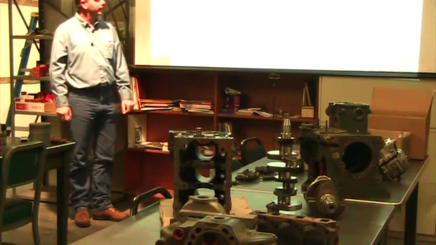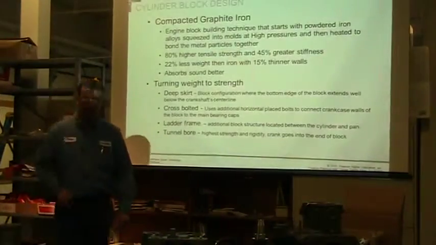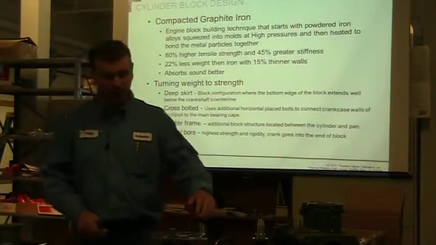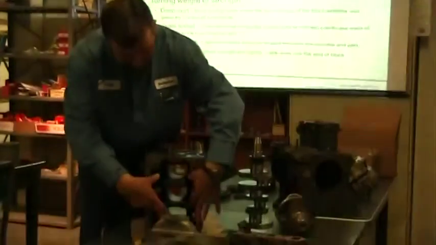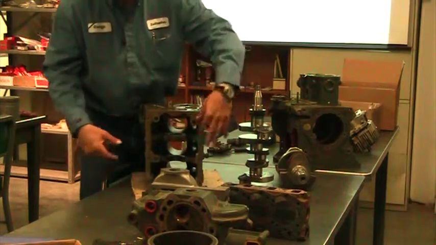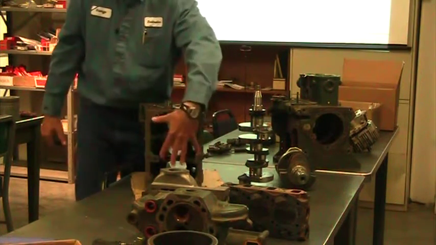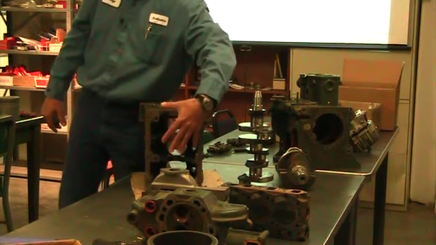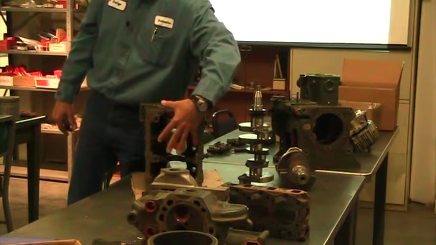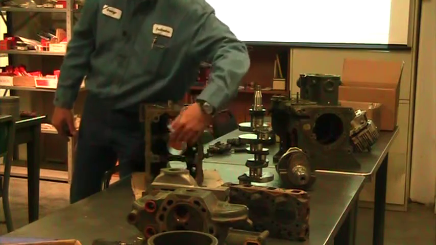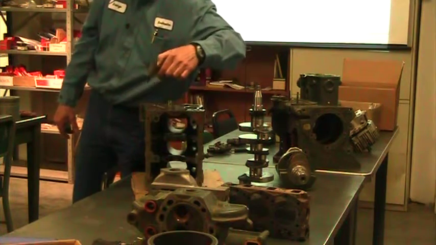Ladder frame, if we were to use a ladder frame on this particular block, what I would do is I would slide it in here, these main caps would disappear, and the ladder would be a single piece object. Like a second block, bolting two blocks together. It would be a piece in here with all of the caps together.